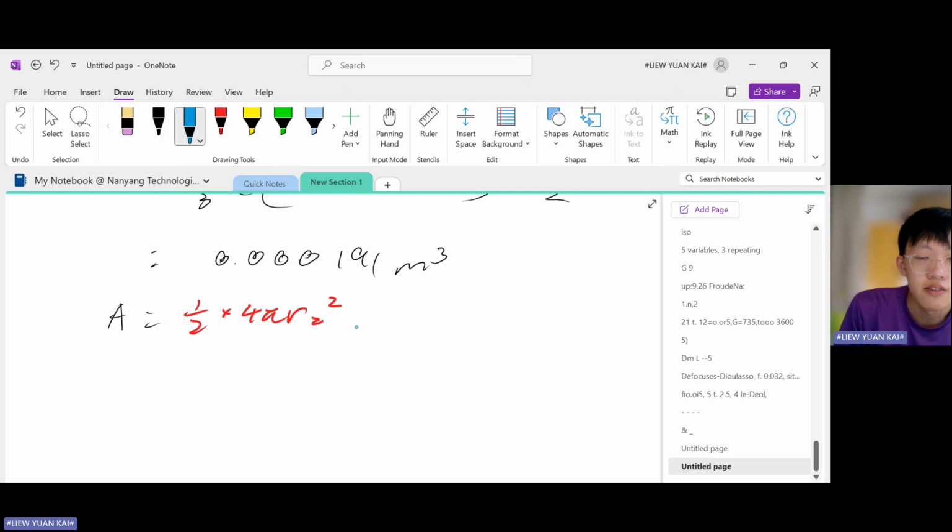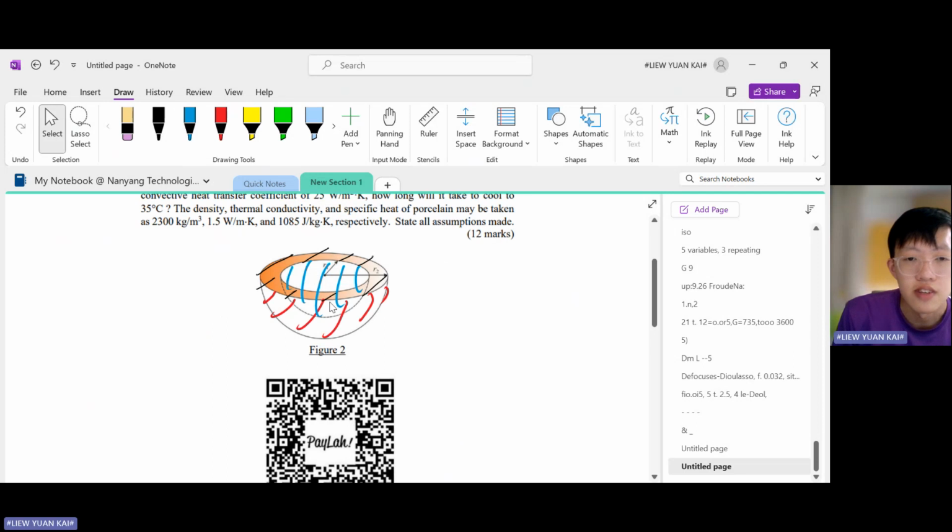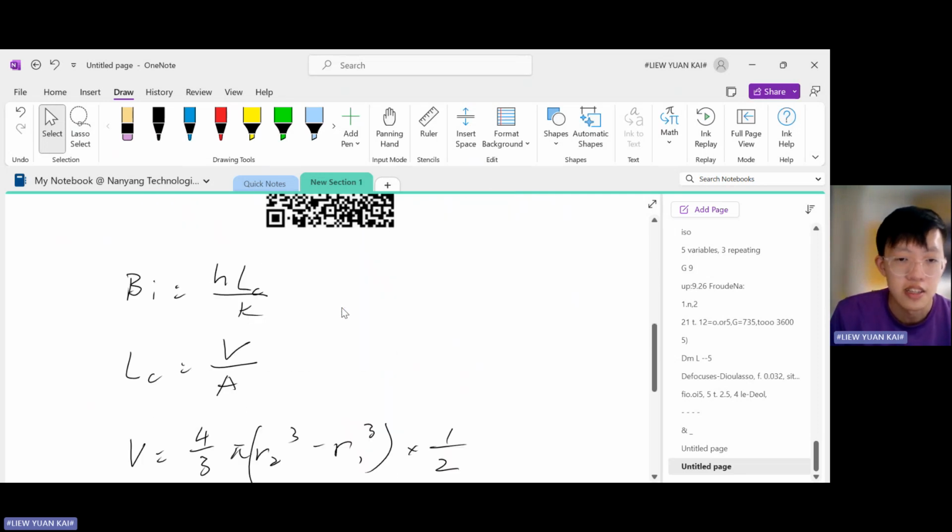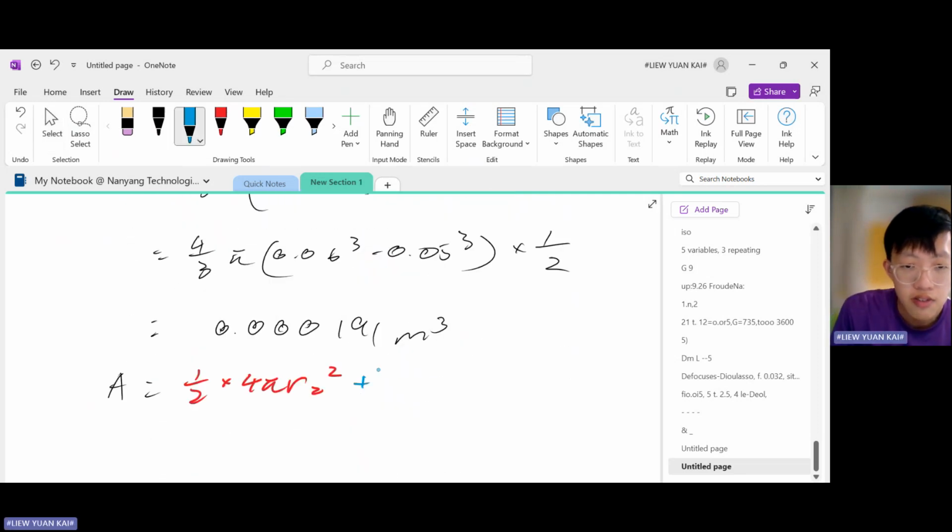Then the inner hemisphere, again, is one entire sphere cut into half. So you take the same thing: half times 4 pi r1 squared.